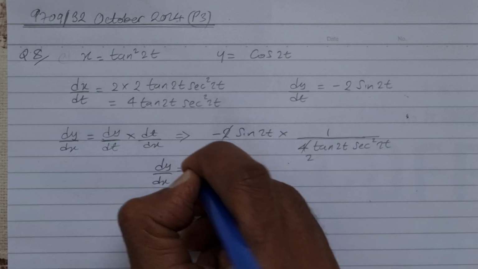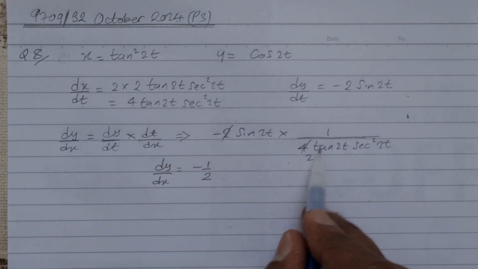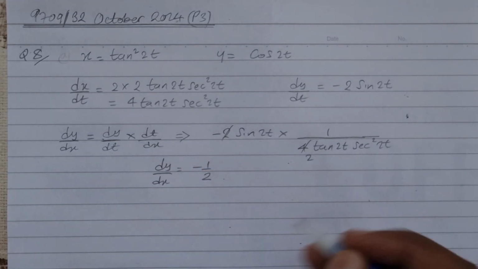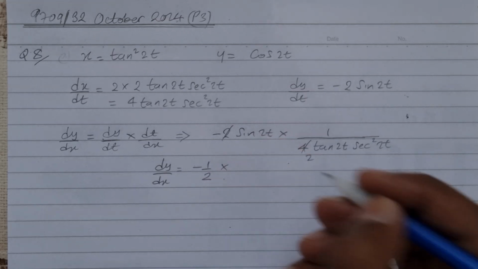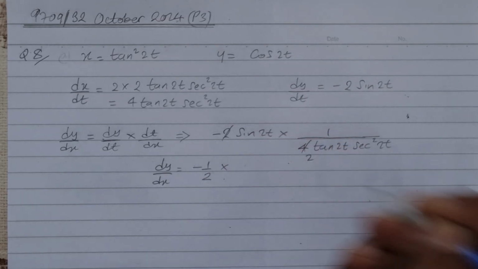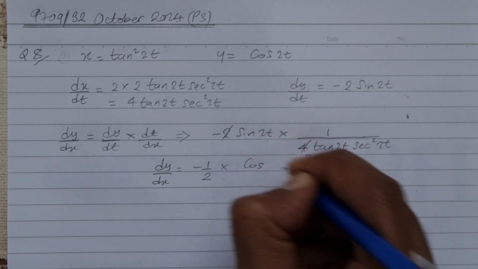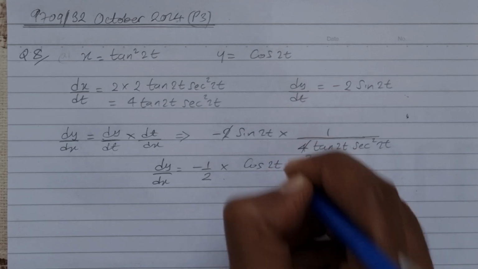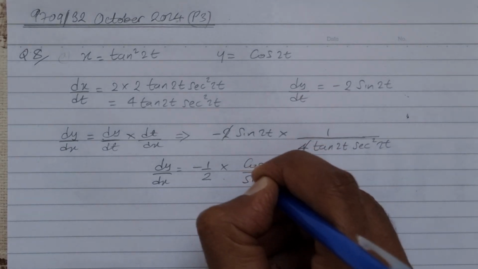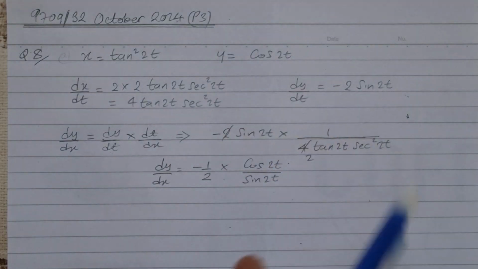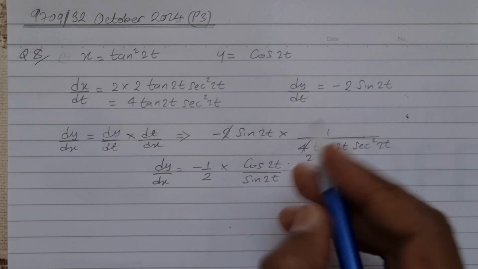So I'm going to get dy by dx is negative half, then 1 over tan 2t is basically cos 2t over sine of 2t. Now we must remember there's a sine of 2t over here, so let me just put it here.